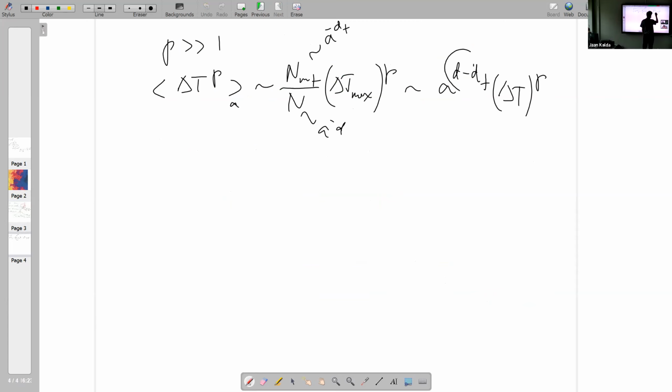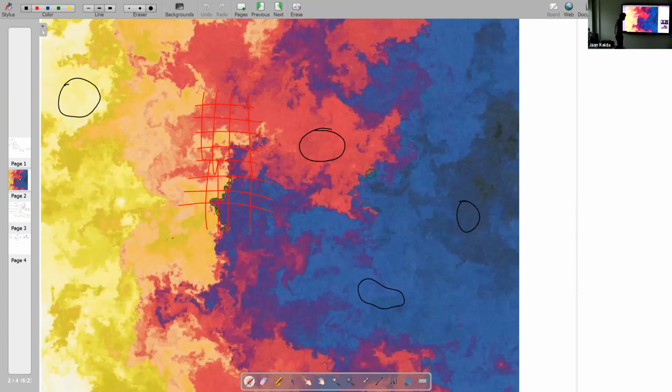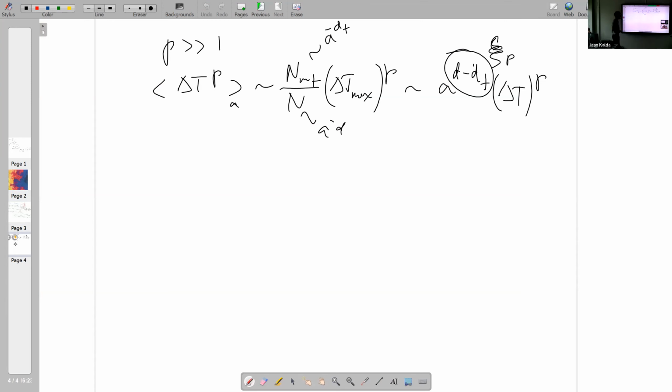So actually this guy over here is going to be psi as a function of P. So I can see here that if this structure corresponds to the situation I was describing, that we have a fractal somewhere, and at the fractal you have the biggest possible temperature drop, then we would have results stating that at the limit of very big P going to infinity, psi of P would be d minus d fractal, which is larger than 0.